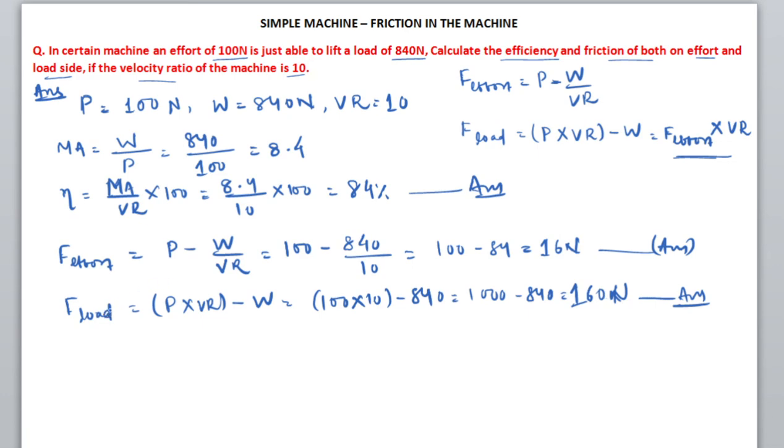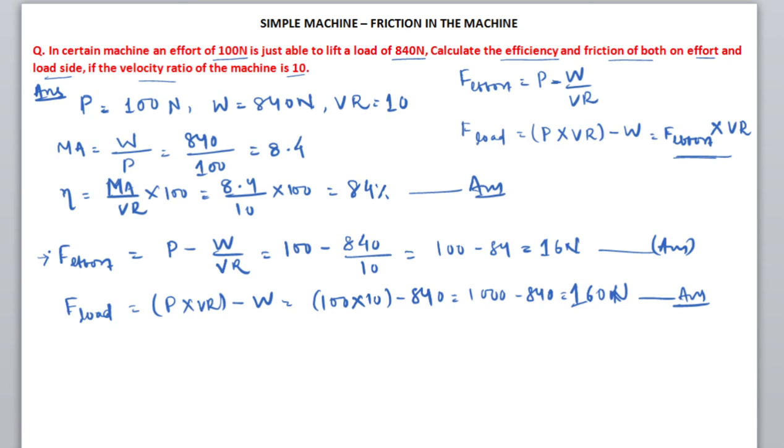So this is the method in order to calculate friction in terms of effort and friction in terms of load. Always remember this point. Friction in terms of effort means the effort required to overcome the friction in the simple machine.